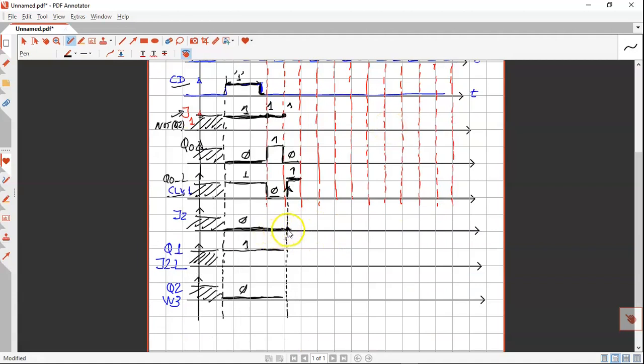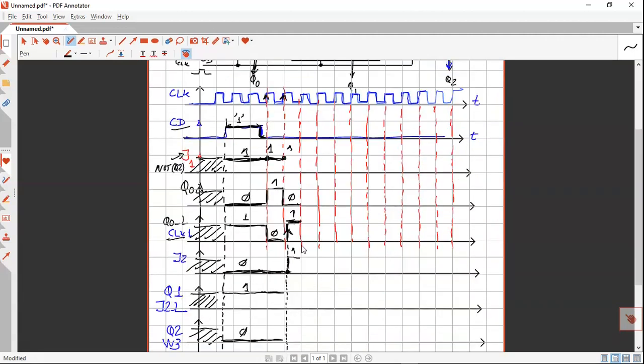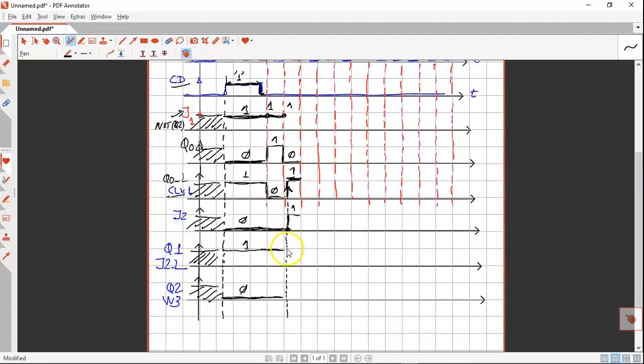You see, you have a 0, and now this is going to go 1 that way. All right, and now because the Q1 is just the J2 NOT, exactly, the one that you see as a port is just this one NOT, you see, now you have a 0 here. And what now?